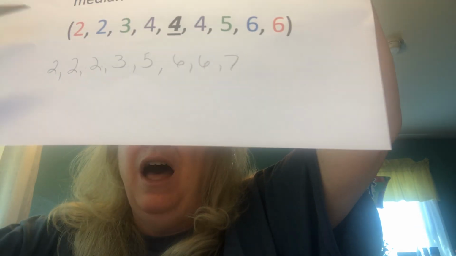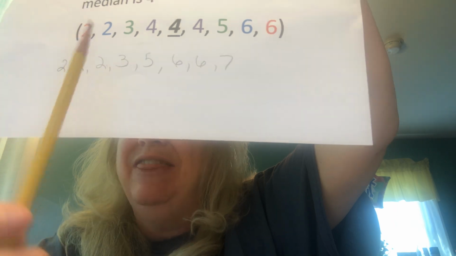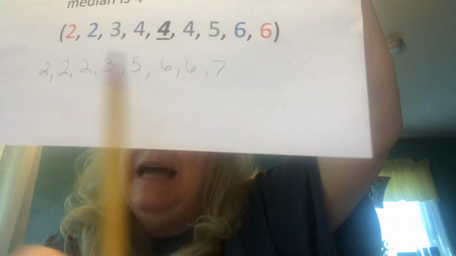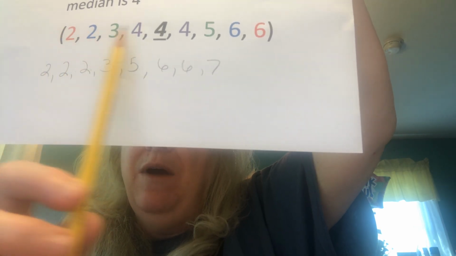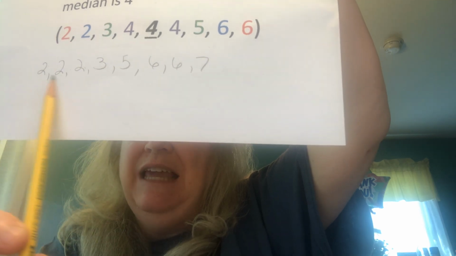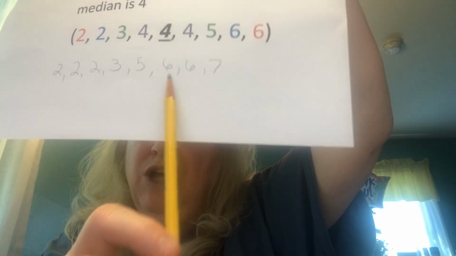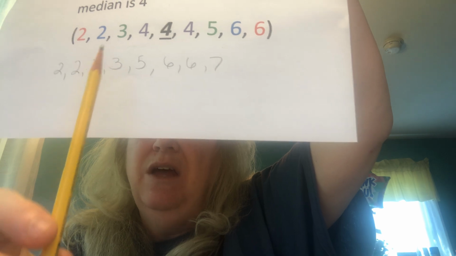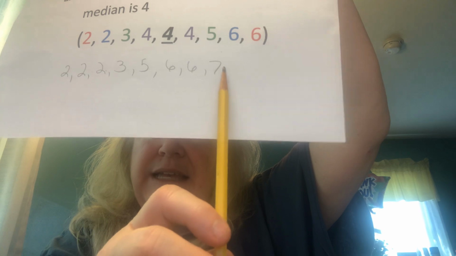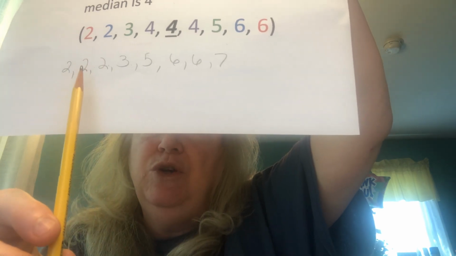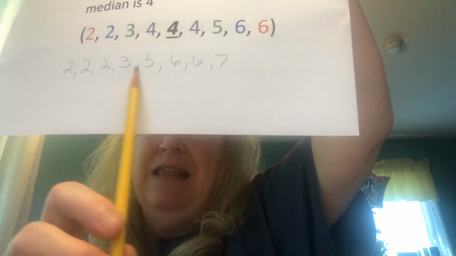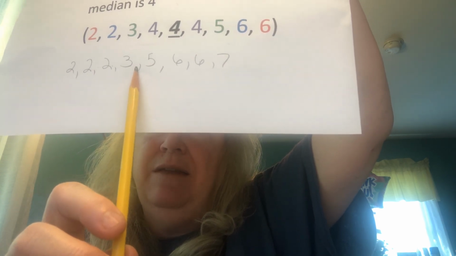So if you have an odd number of items in your data set, it's very easy to see the median. If you have an even number, it's not so easy. So what you have to do is list them in order, size order from lowest to highest, and when you get to the 2 in the middle, you add them together and then divide them in half.